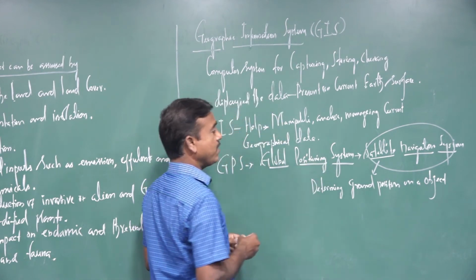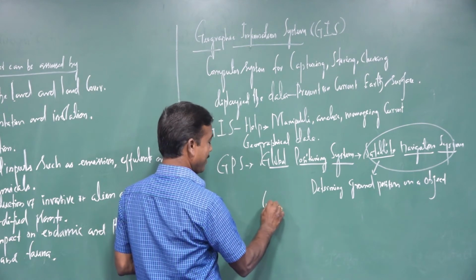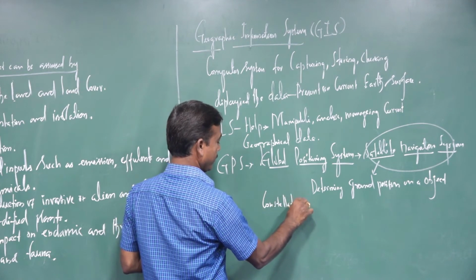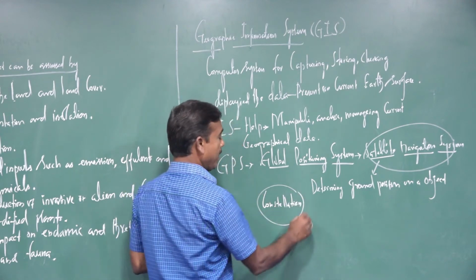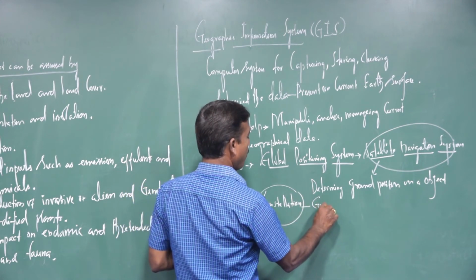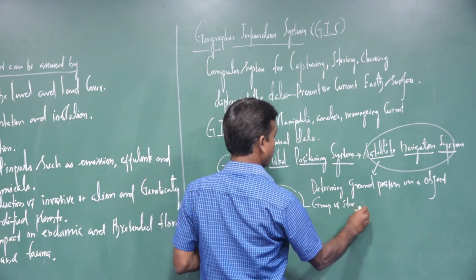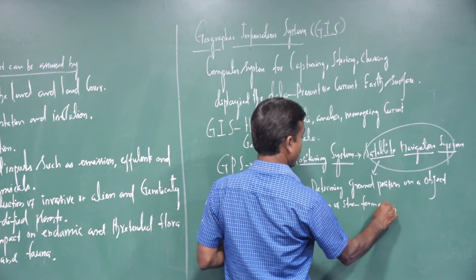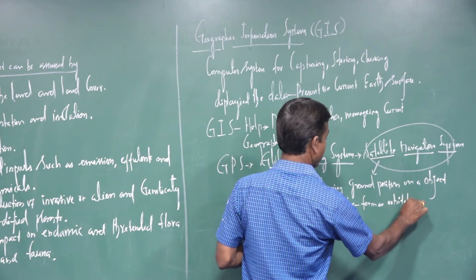The satellite navigation system or global positioning system is also called a constellation. What is the meaning of constellation? It is commonly called a group of stars formed in orbit or orbitals.